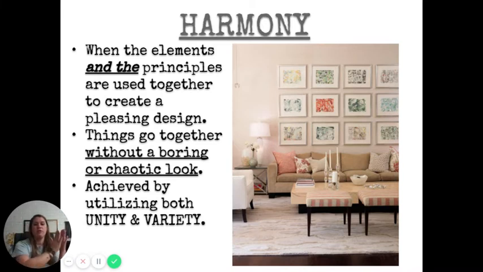Whether you're talking about the unity part or the variety part, either way, you're using all of the elements of design. Things go together without a boring or a chaotic look.